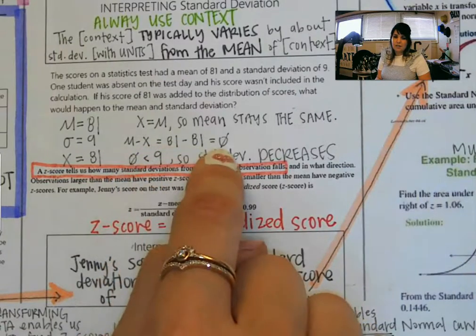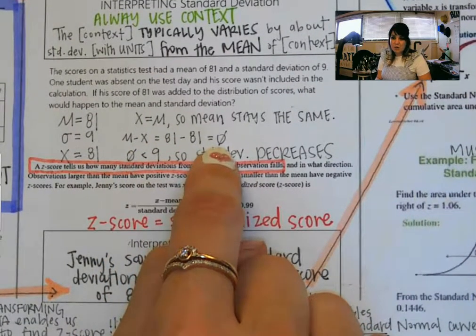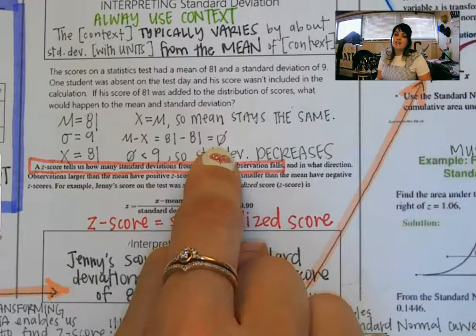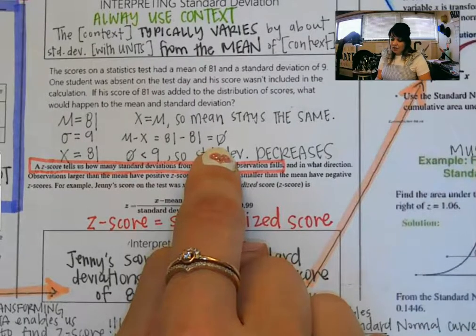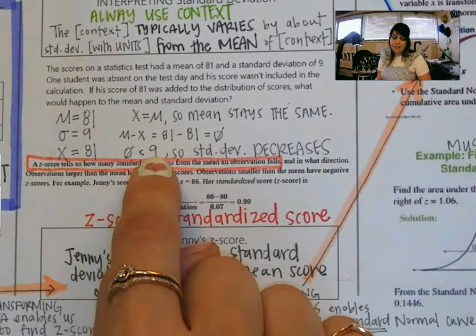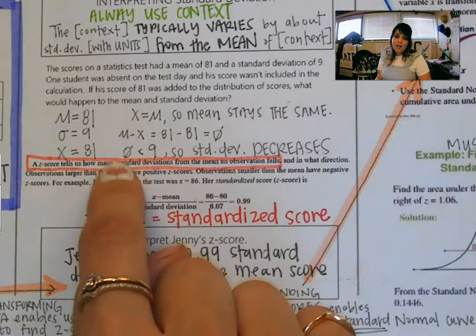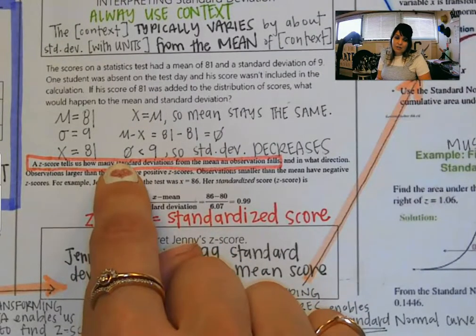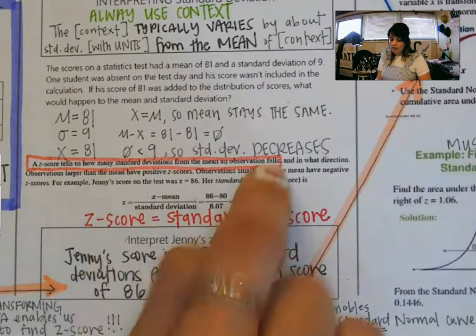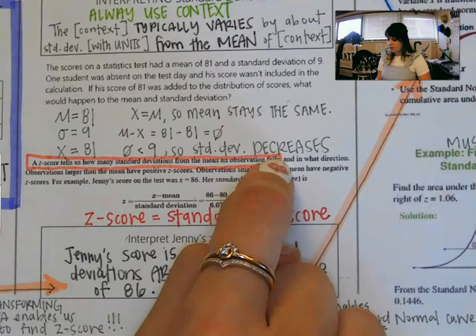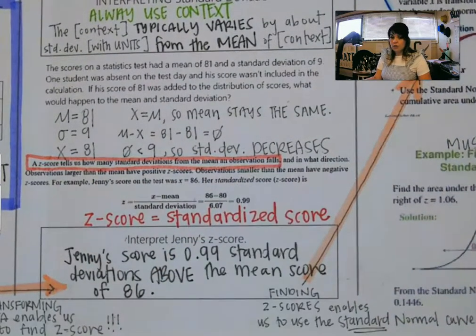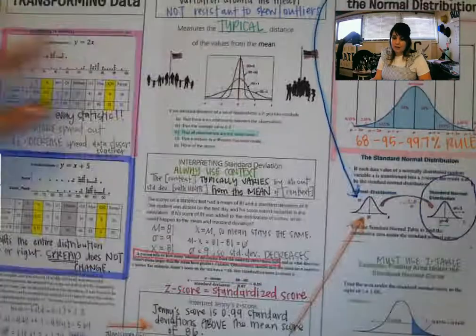Well, it is the mean, so it's 0 away. That does not mean that standard deviation stays the same, though, because your current standard deviation is 9. So if we add in a point that is 0 away from the mean, your standard deviation will decrease. Those are the basics, the foundation of what you need to know about standard deviation.